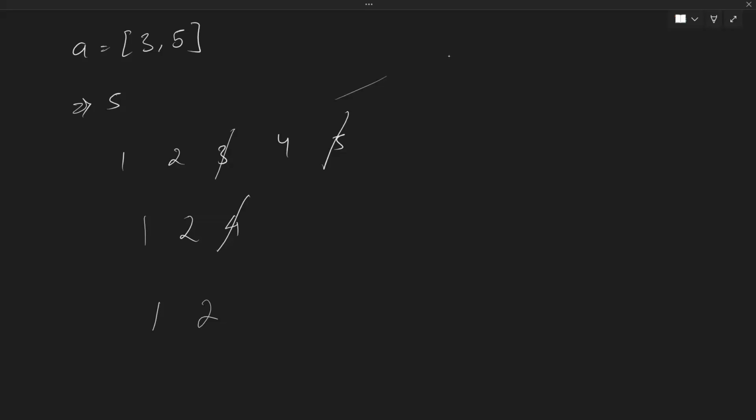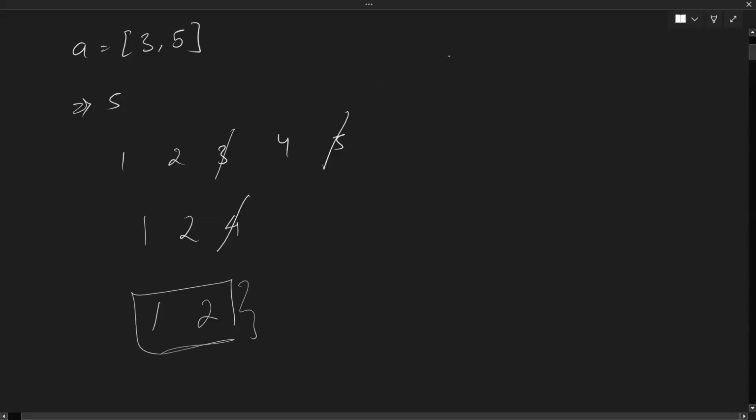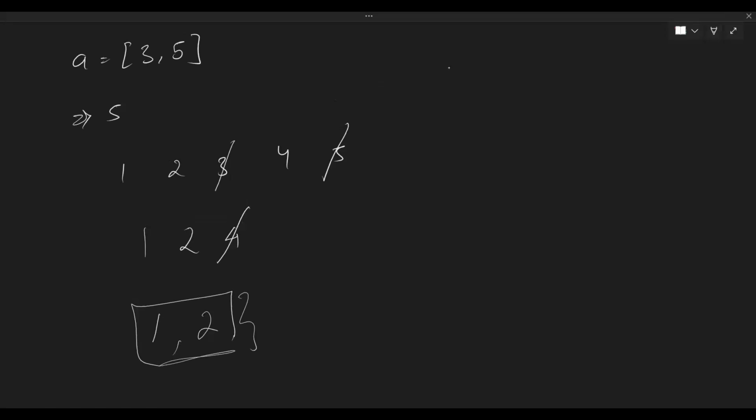Since in this round none of the players are removed, both of these players are declared winners. So there are 2 winners. Is everyone understanding how this game is played? Is it clear now?